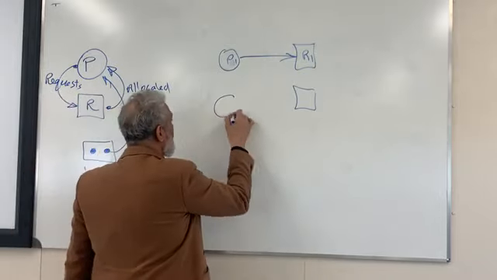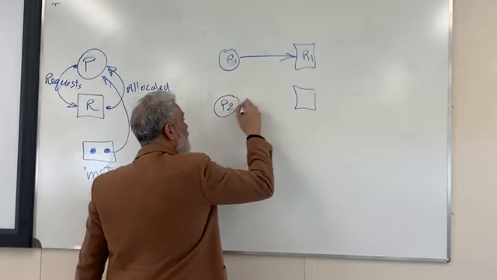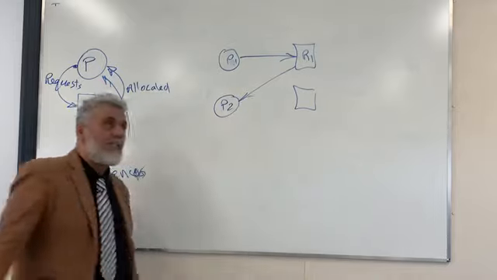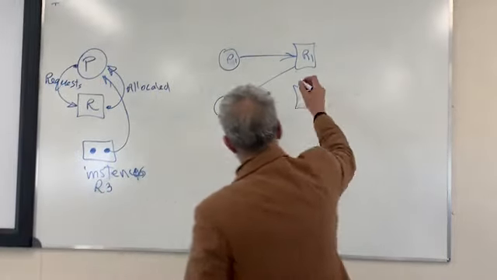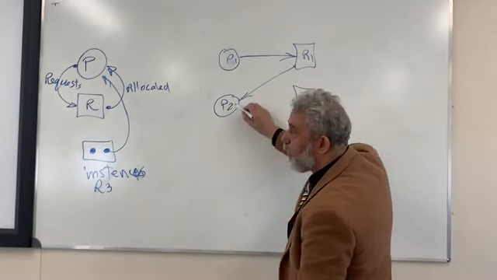Okay. What about this? There's another process, process number 2. How do you read this arrow? Resource 1 is allocated to process 2. So you always start at the tail of the arrow, go to the head.